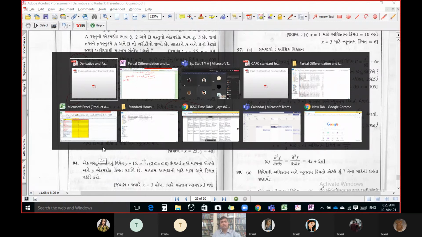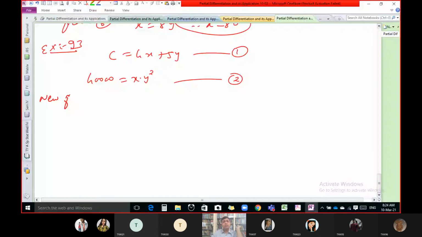And we have to find out the point where the cost function is minimized. Now let us do this question quickly. First step, new function capital F equal to cost function plus lambda into production function.